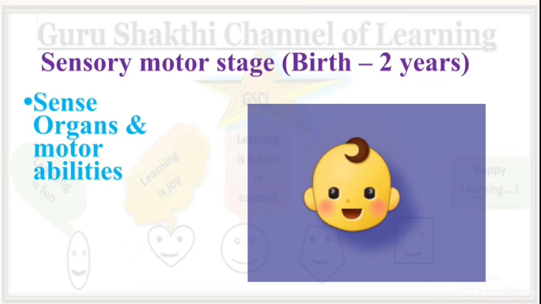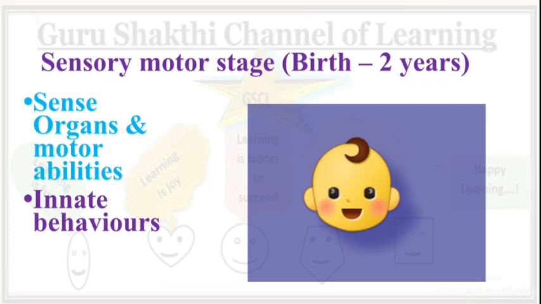That is the movement that an infant at this stage is capable of making. And the only behavior that exists is the innate behavior, a behavior with which it is born. And this helps it to learn about the surroundings.